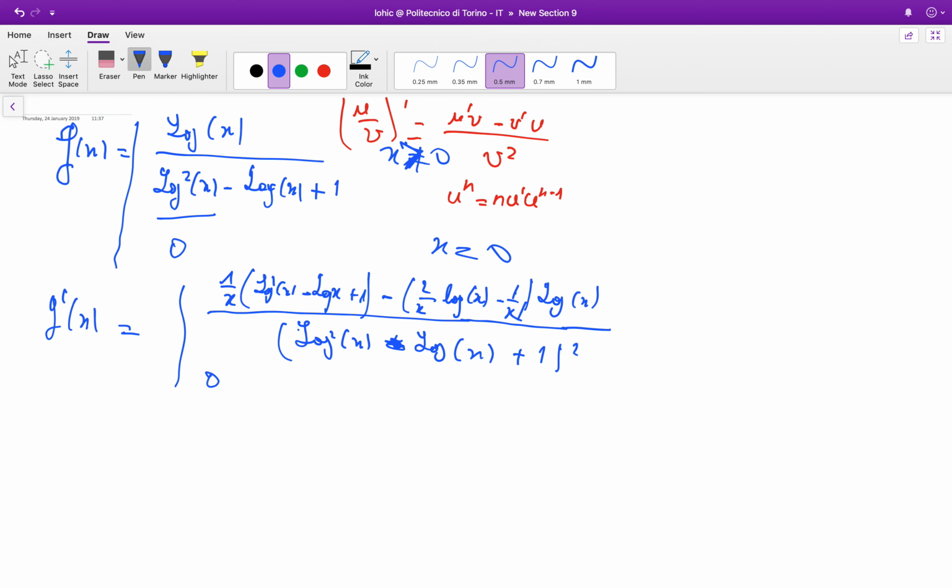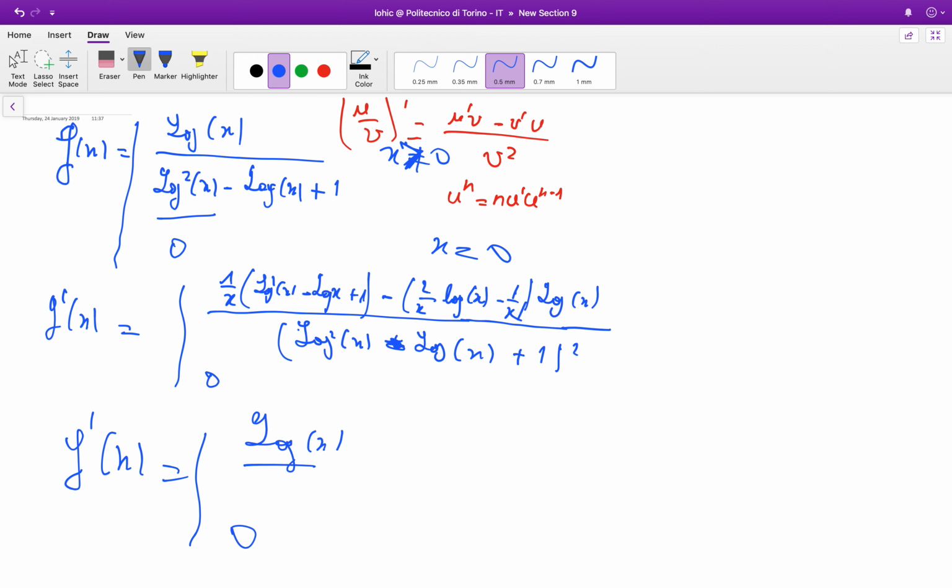we say that g prime of x, excuse me, let me write it better. g prime of x is equal to the 0 below. Now we expand this, so I will get a log x over x, right?